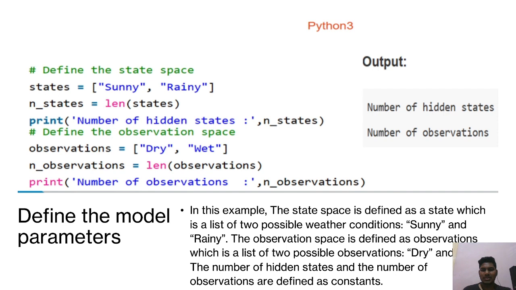In this example, the state space is defined as a list of two possible weather conditions, sunny and rainy, and the observation space is defined as a list of two possible observations, dry and wet. The number of hidden states and the number of observations are defined as constants. As per the output, the number of hidden states is 2 and the number of observations is also 2.